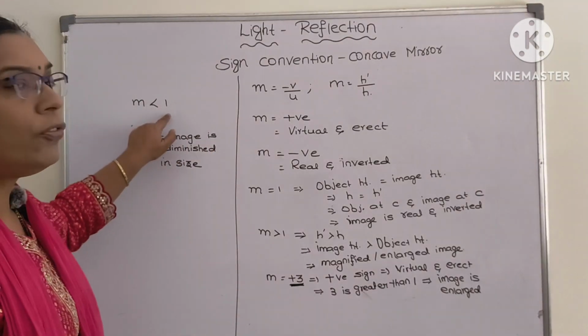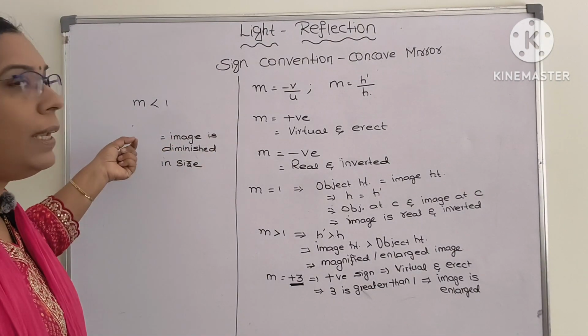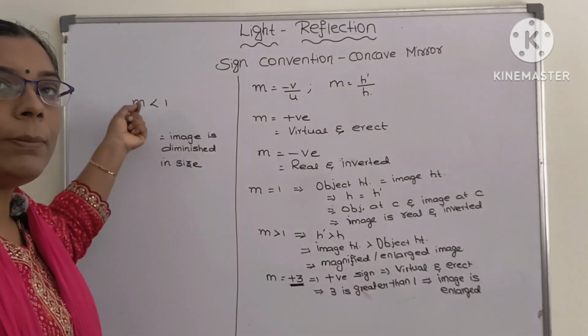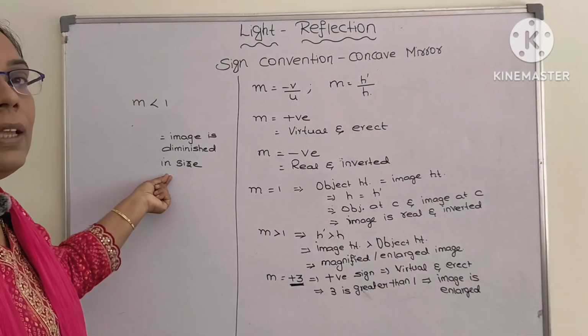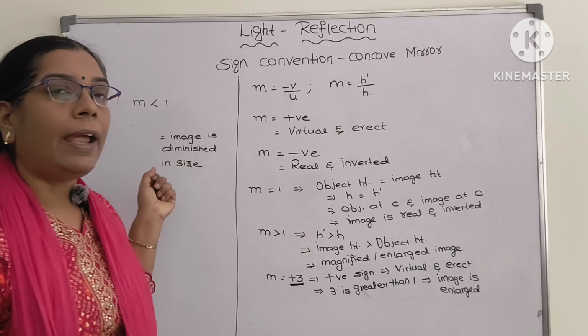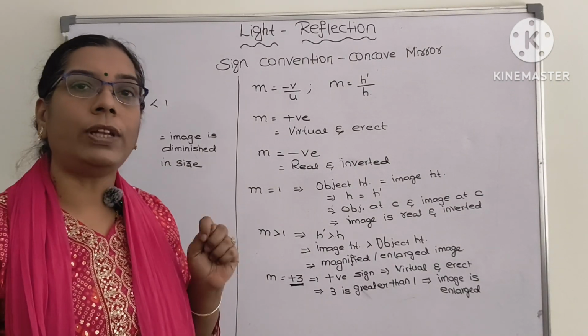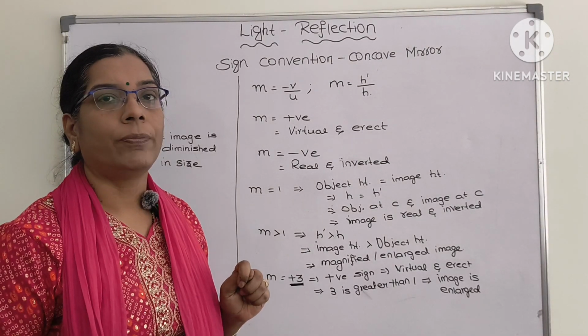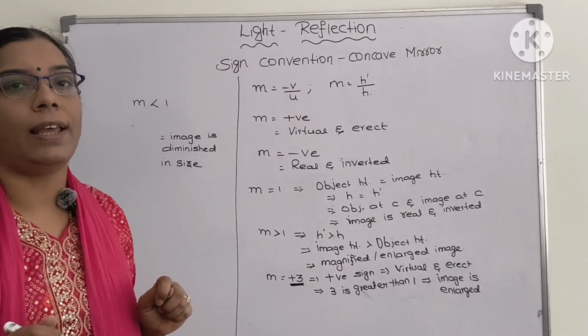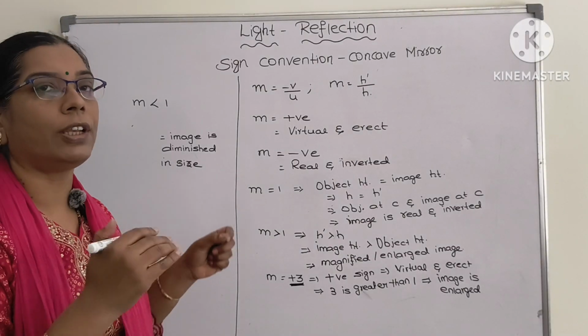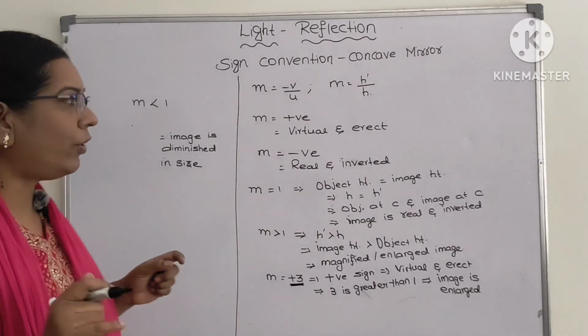When the value of m is less than 1, when the value of m is in decimals, you know that the image is diminished in size. And what kind of images will have diminished size? Only the real image will have a diminished image. Virtual in concave will always give you a magnified image.